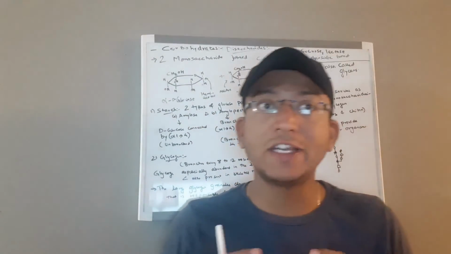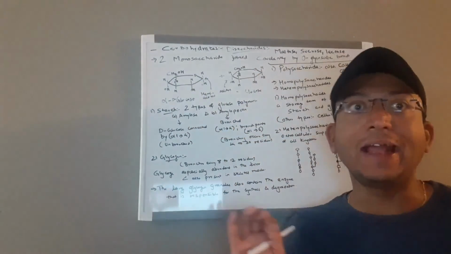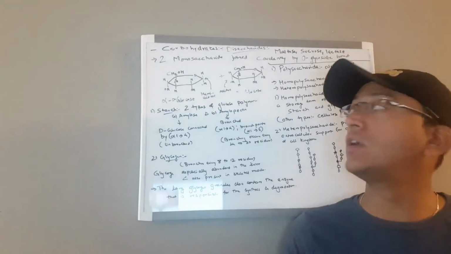Because each branch in the glycogen ends with a non-reducing sugar unit, right?